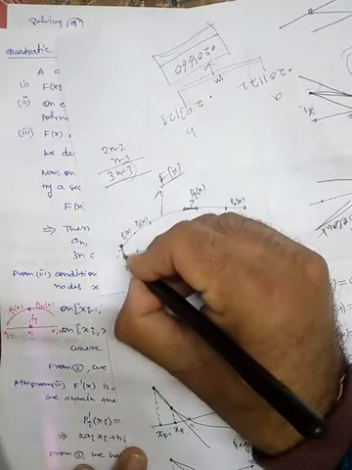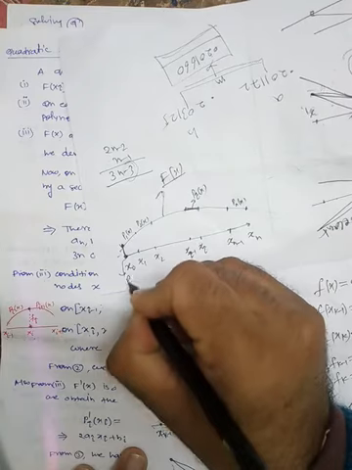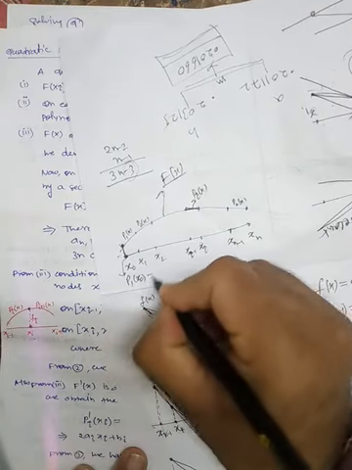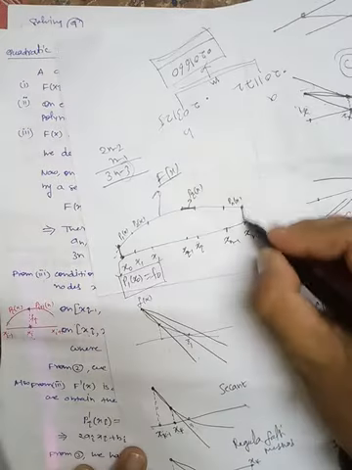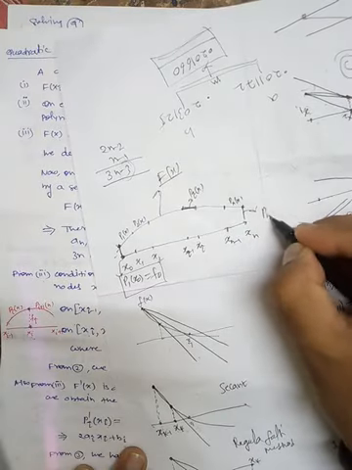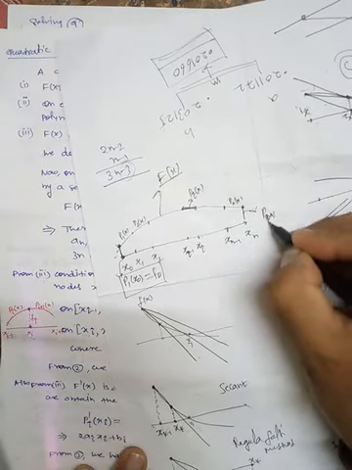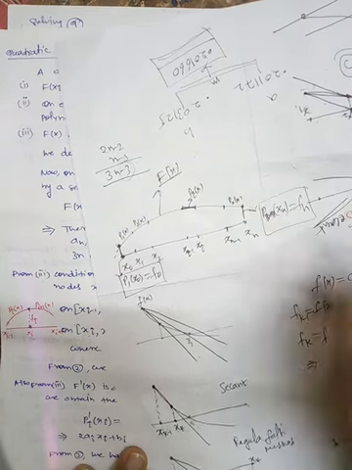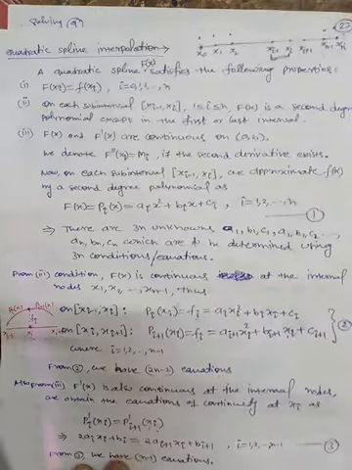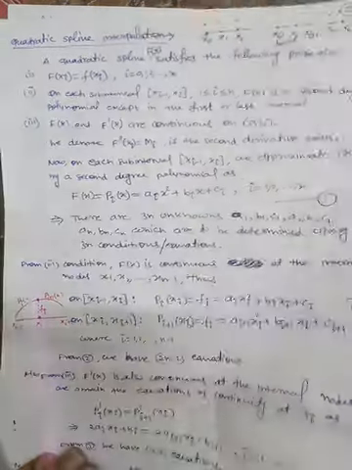So P_1 at x_0 should be the same as f_0. This is one condition. Another condition is that P_n at x_n should be equal to f_n. Another interpolating condition.